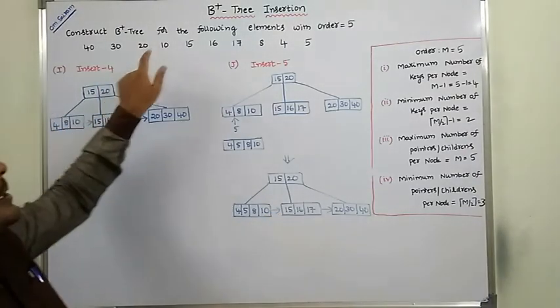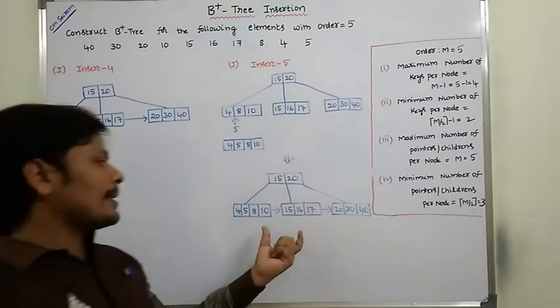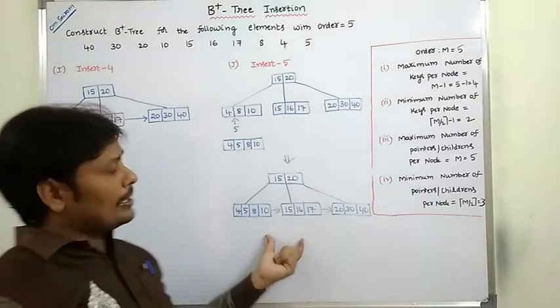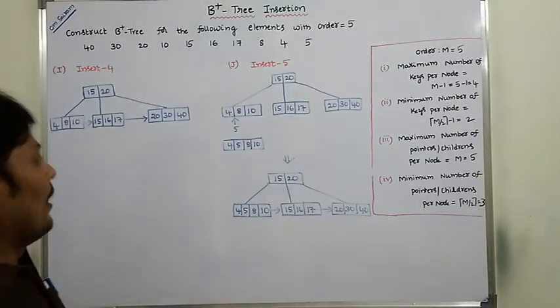Now after inserting all the elements that are given, this is the final B plus tree. Check whether all the nodes are there at the leaf nodes or not.